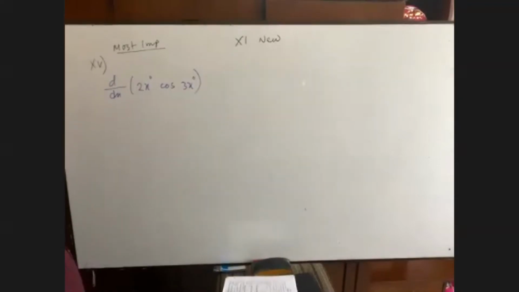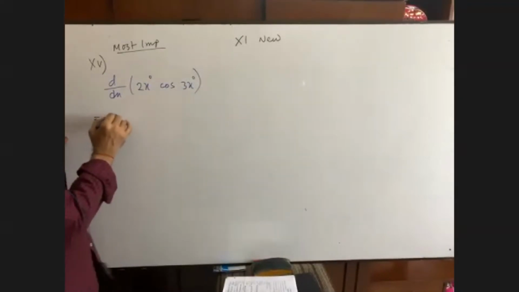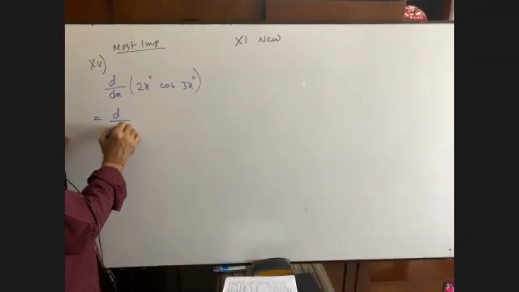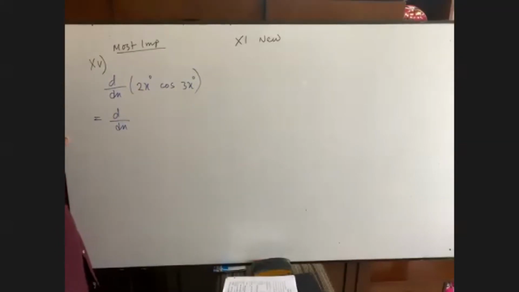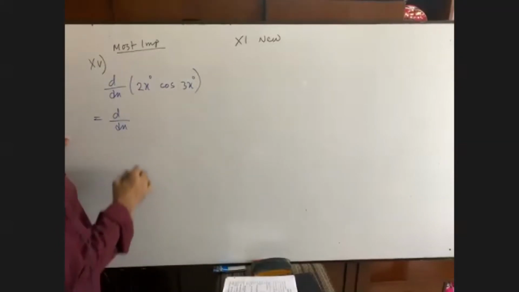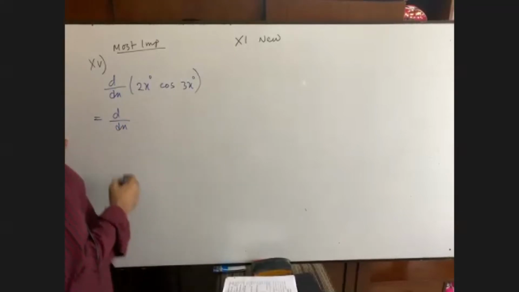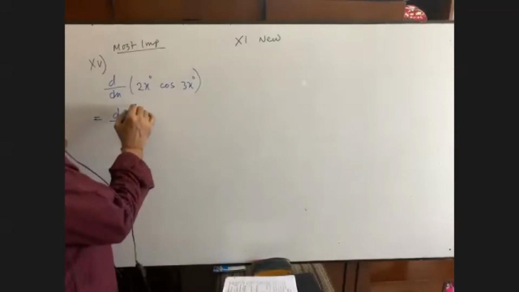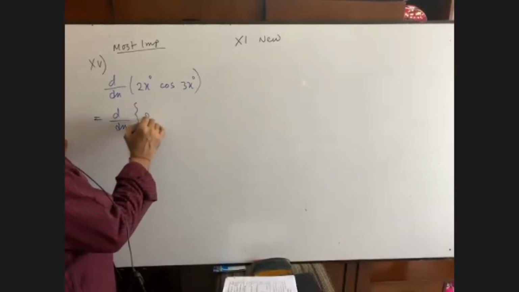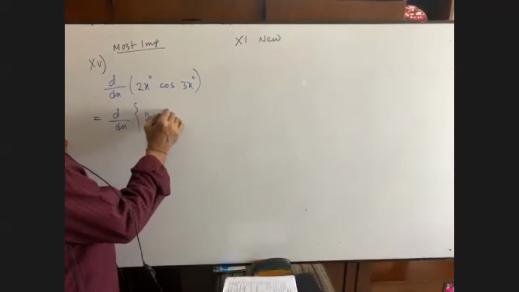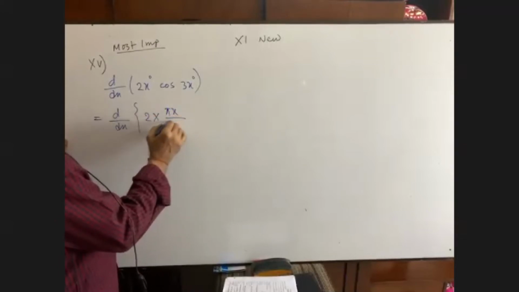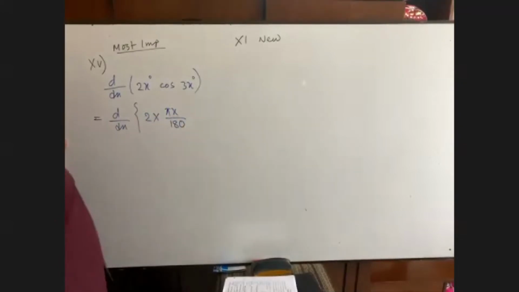Now, can you please tell me what is the value here? x degree equals to what? Pi x by 180. Let's show it. 2 into x degree equals to what? Pi x by 90.